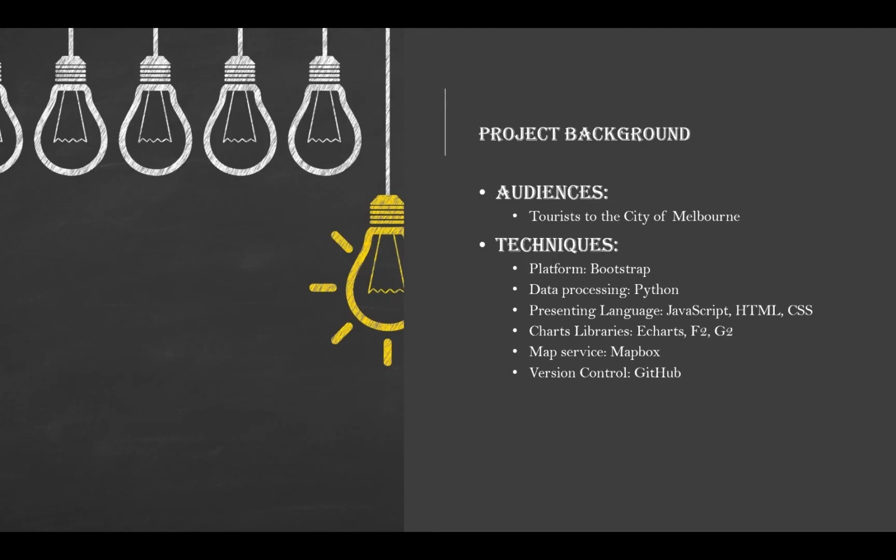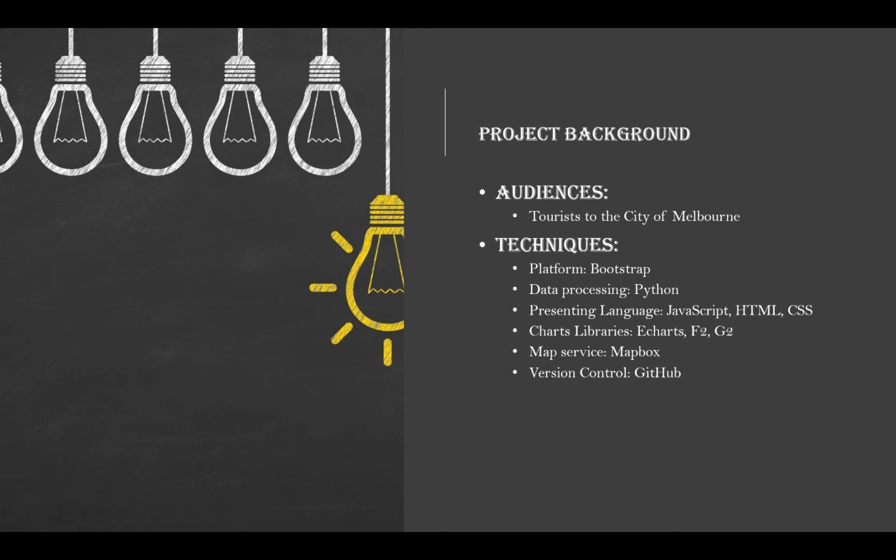This interface system is for tourists visiting the city of Melbourne to give some insights on experiencing diverse cultures there. To develop this system, multiple tools were used. The platform is Bootstrap. We use Python to extract our data and prepare the word cloud. The front-end languages HTML, CSS, and JS are used to design the web layout.